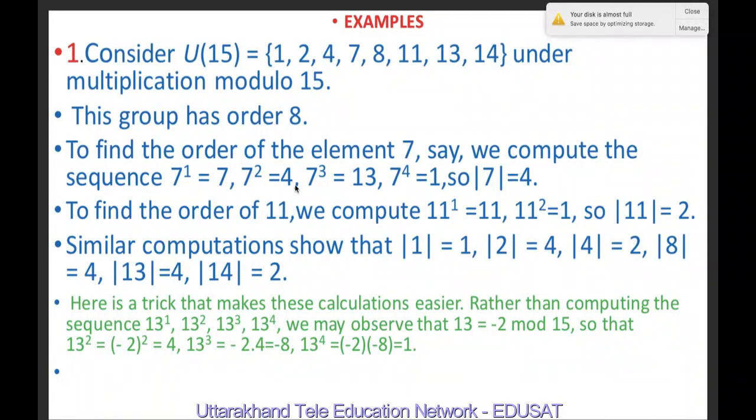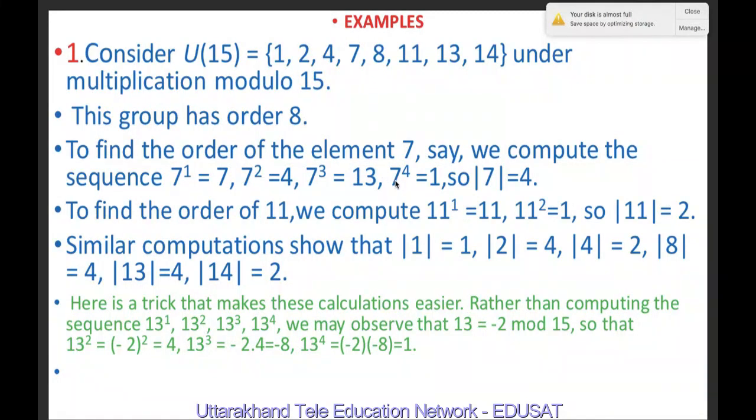Remainder is 4. So I have written 4 here. 7 cube means 343. If we divide 343 by 15, the remainder is 13. So 7 cube is 13.